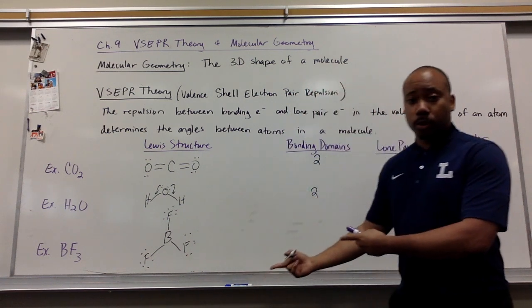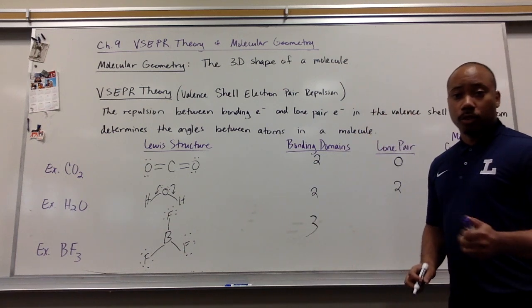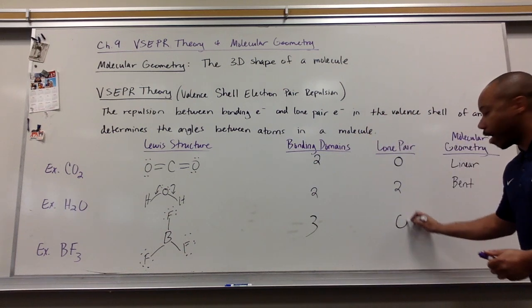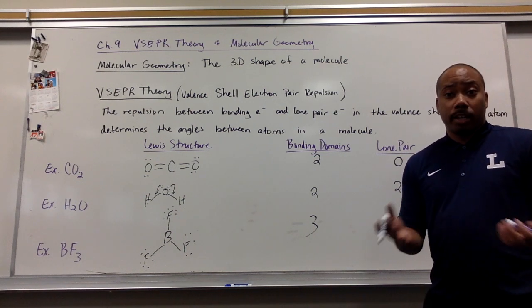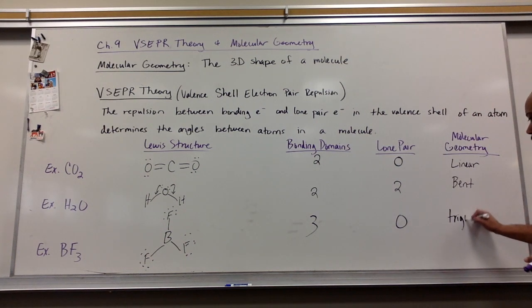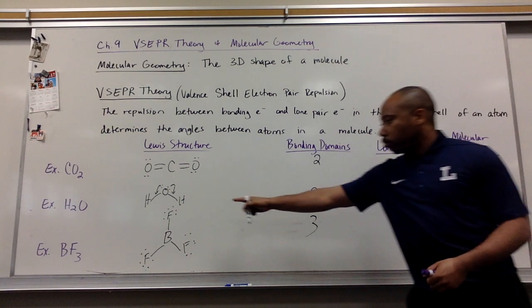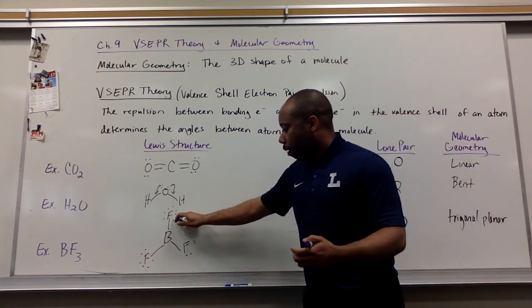Now looking at the geometry, we've got three bonding domains around the central atom, zero lone pairs. If you think about that, that's going to be something that's triangular in nature. So the name for this one is trigonal planar. And these would spread out in kind of triangular bond angles here.